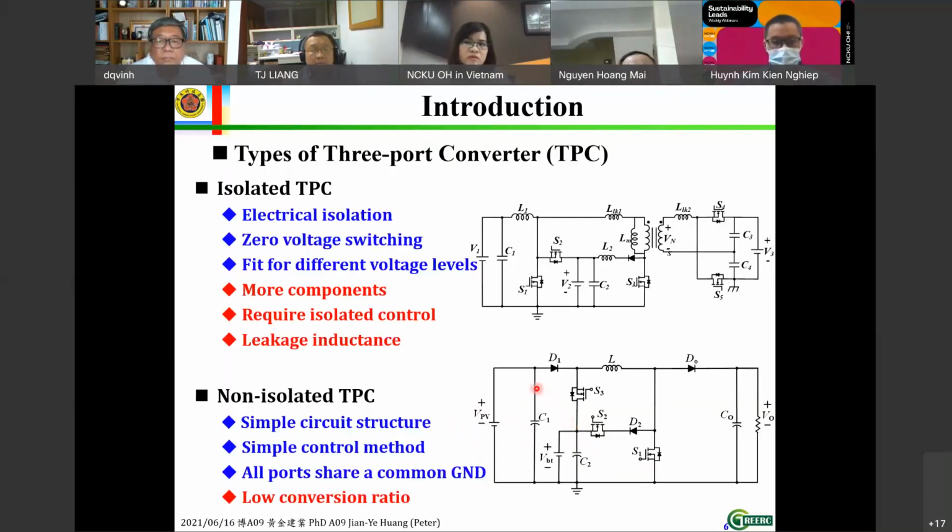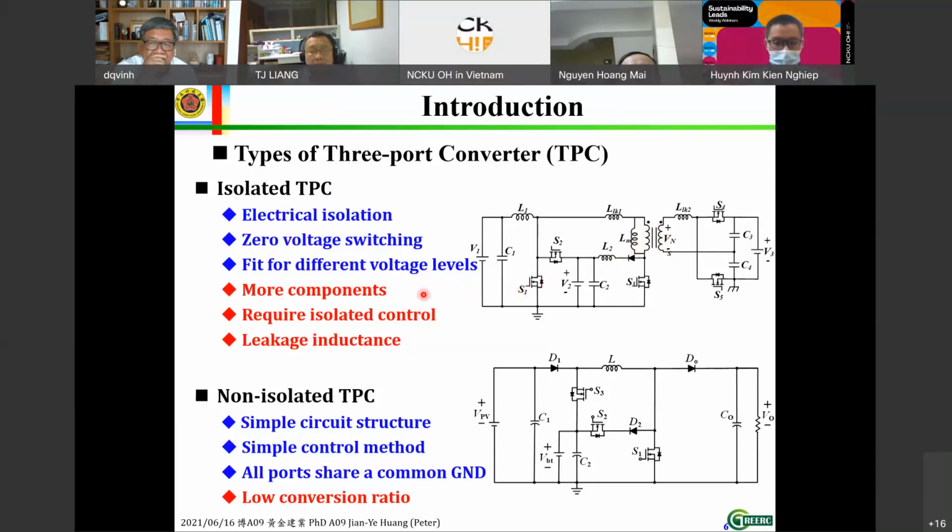There are mainly two types of three-pole converter: the isolated three-pole converter here, in which usually the battery and main source have the same grounding but separate grounding from the load, and the non-isolated three-pole converter, in which all three poles share the same ground. The isolated three-pole converter has the advantages of electrical isolation, and usually it can achieve zero voltage switching and fits different voltage levels because the voltage level can be adjusted by the transformer.